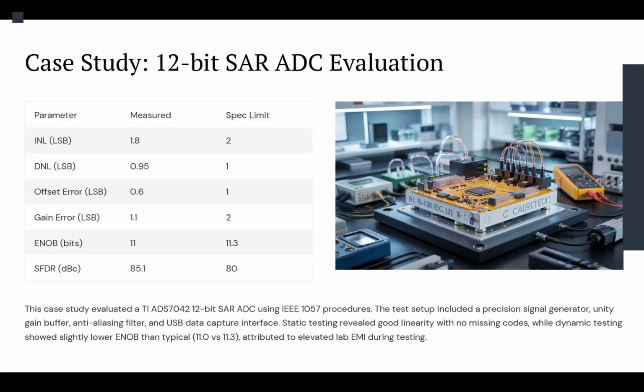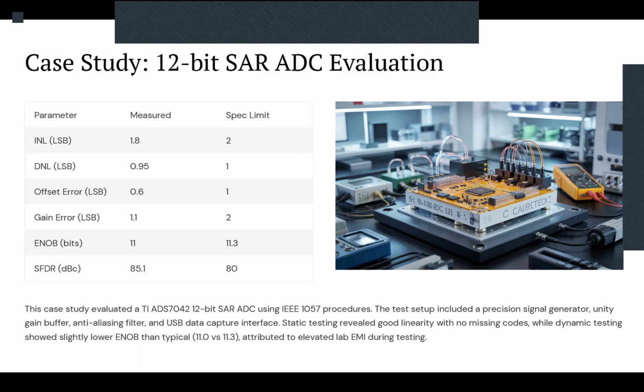So now we have our testing setup. The signal generator will produce both a DC ramp and a sine wave because we want to have both static and dynamic testing.